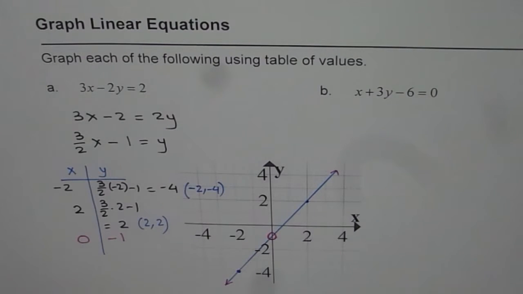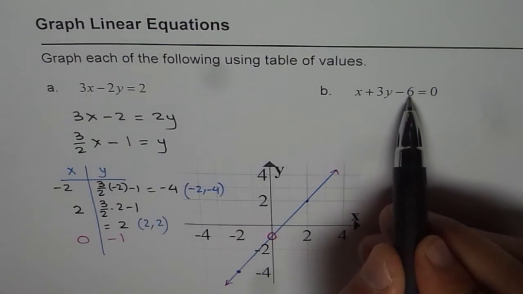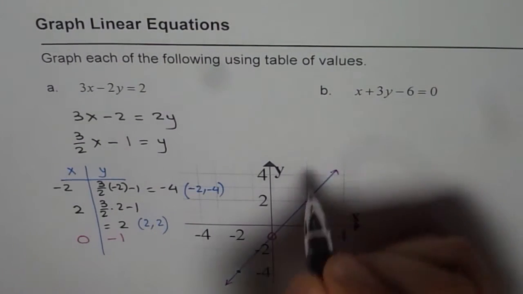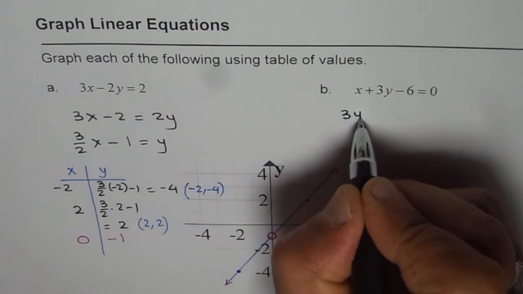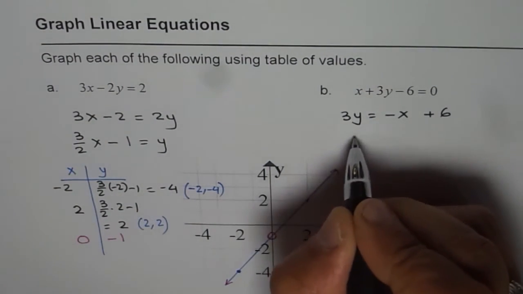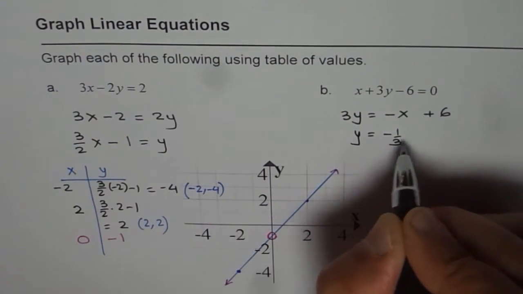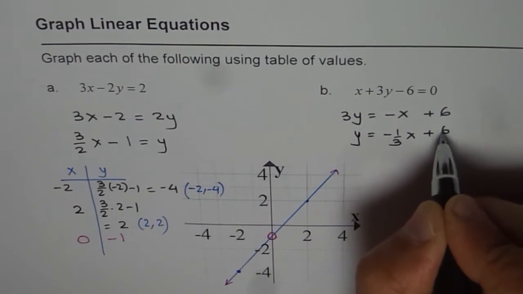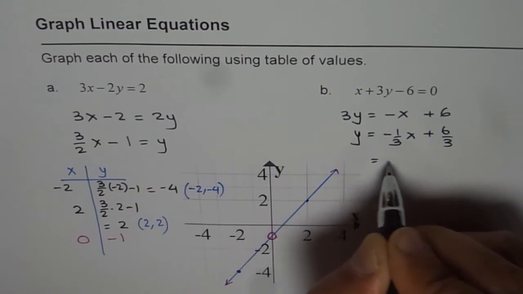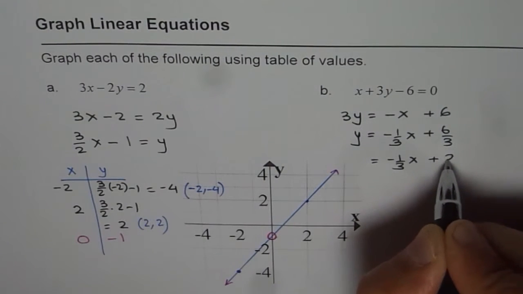Let's try to do the right side also. The second one is x plus 3y minus 6 equals 0. We can rearrange. So we'll write 3y equals minus x plus 6. Dividing by 3, we get y equals minus 1 over 3x plus 6 over 3, or y equals minus 1 over 3x plus 2.